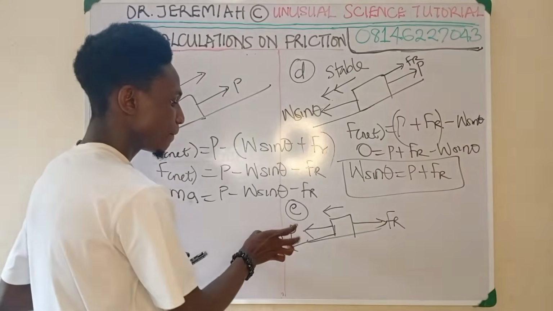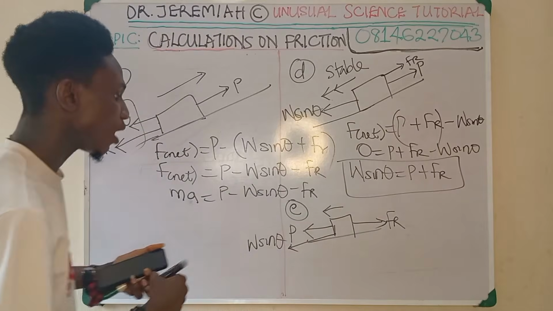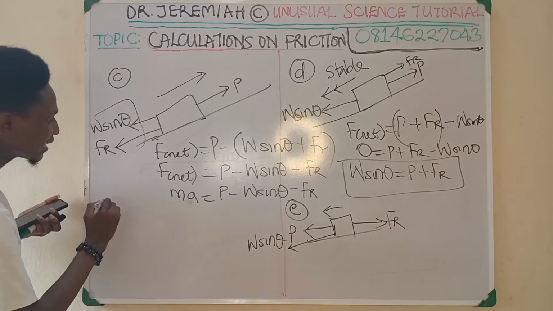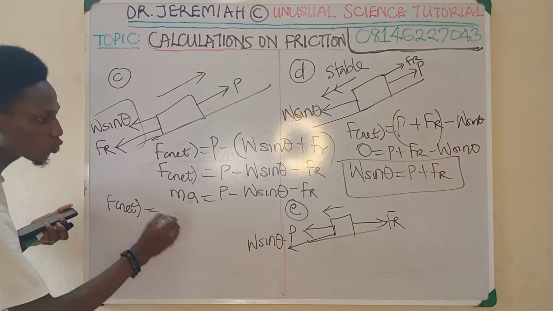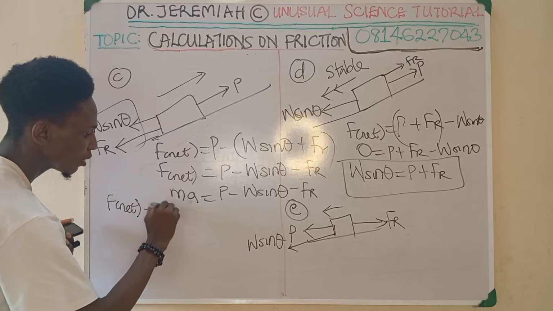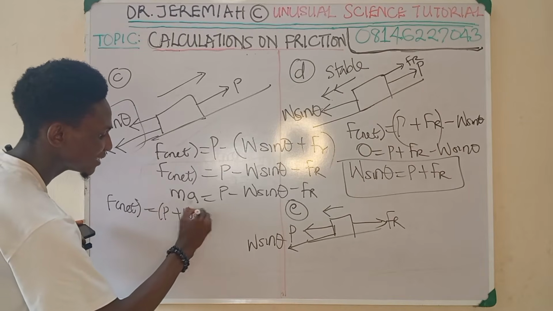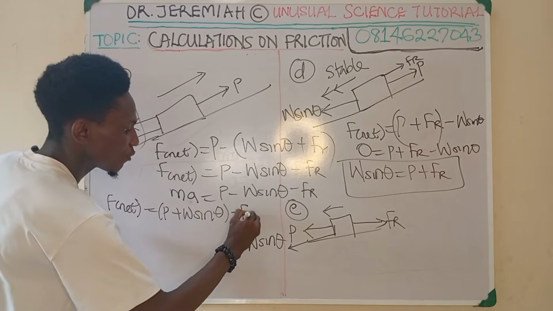So we're going to have P in this direction and frictional force in this direction. We're going to get F net equal to, the body is moving in this direction, P plus W sine theta minus frictional force.